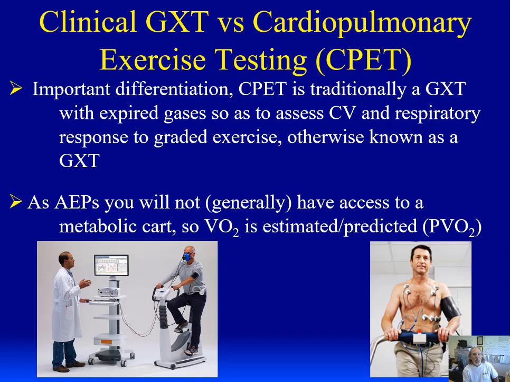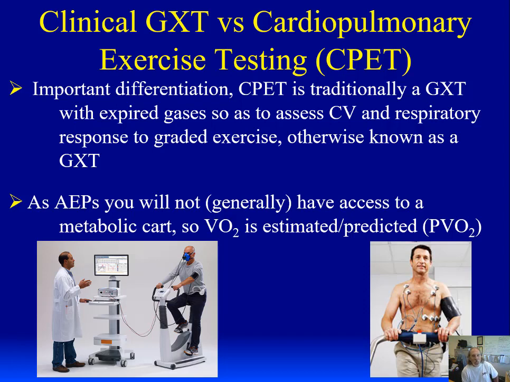So I talked about CPET. The important difference is that CPET is traditionally a graded exercise test with expired gases. You did that testing in your undergraduate degree. I cannot name one AEP in practice who has a set of analyzers. They're just too expensive. There's no Medicare item number that you can charge against.